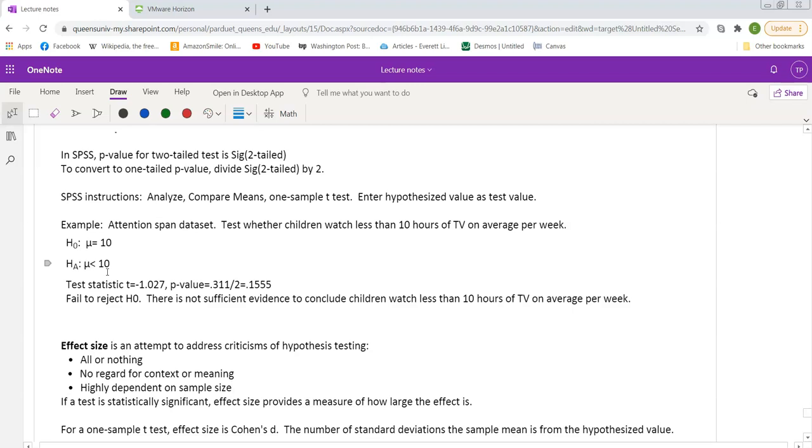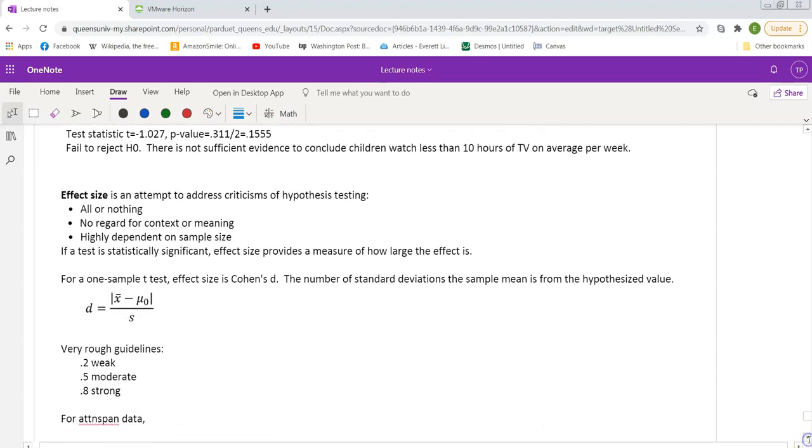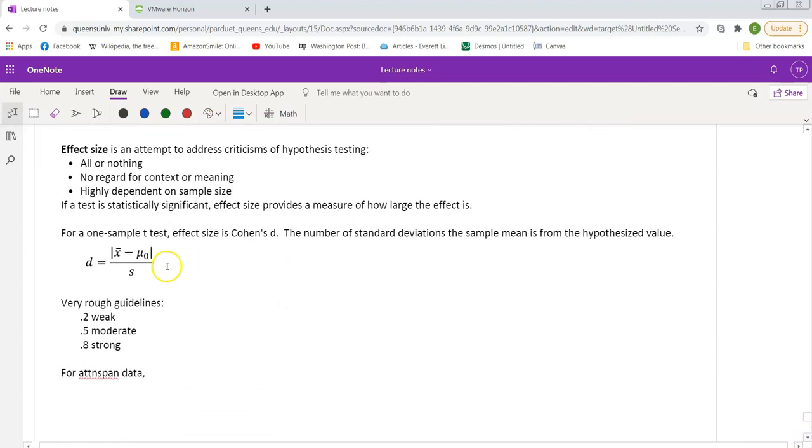That's not very much below 10 hours. It's not in any kind of meaningful way. But if I took a sample size of, I don't know, 1 million, that would probably end up being statistically significant. So effect size takes the sample size out of the equation, and it gives a little more granularity to your answer.